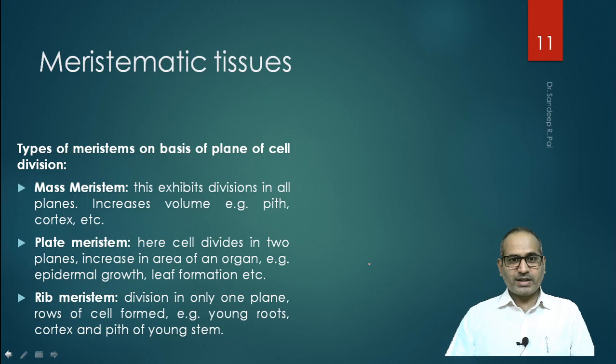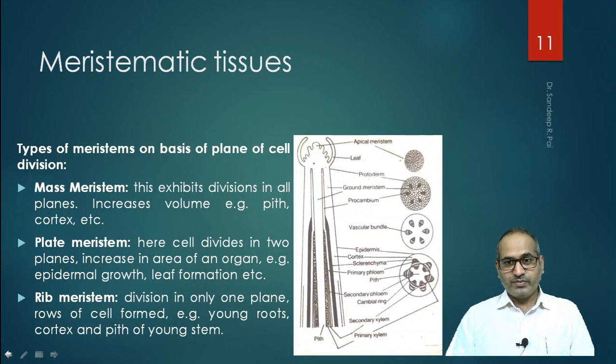The third and last type is rib meristem. Division is in only one plane, so rows of cells are formed. The examples would be young roots, and the cortex and pith of young stem.